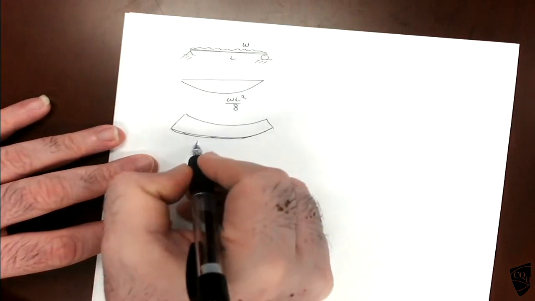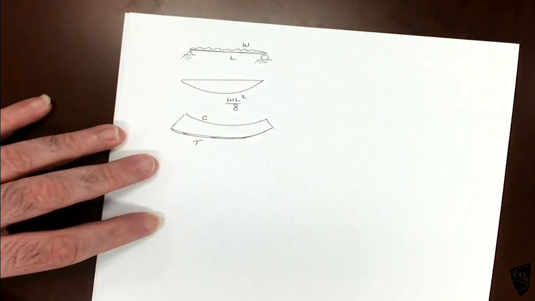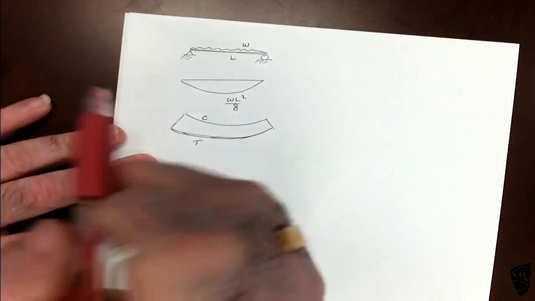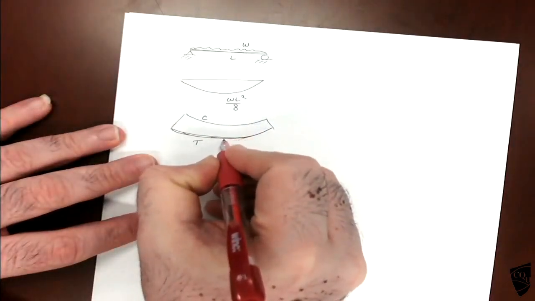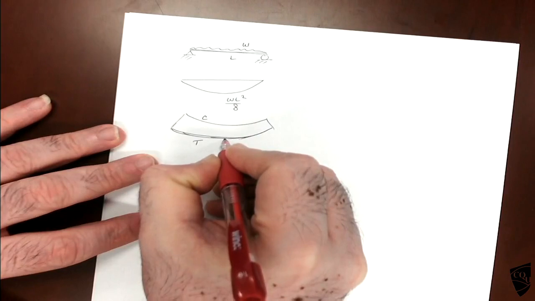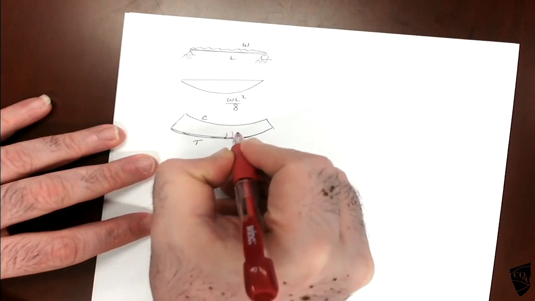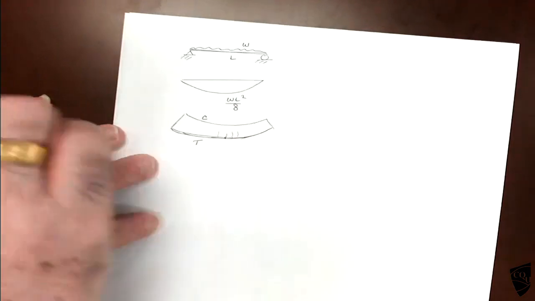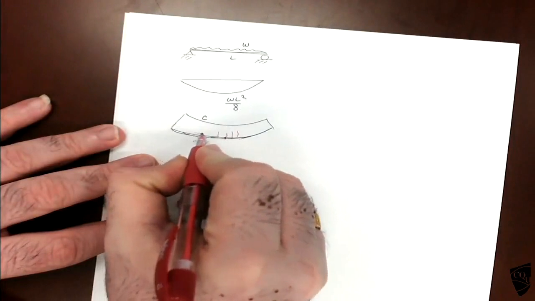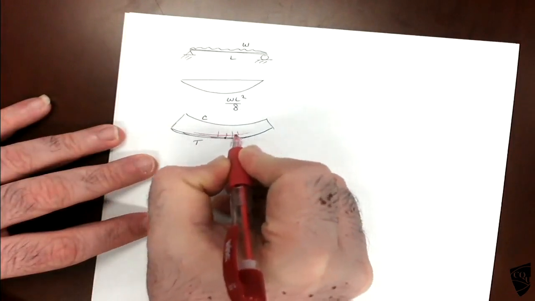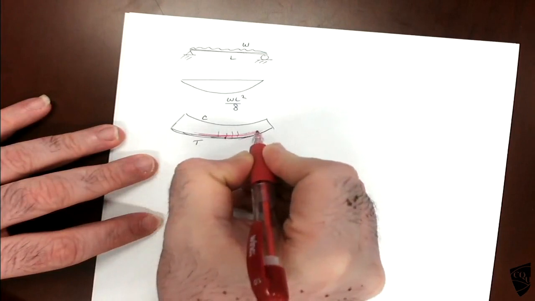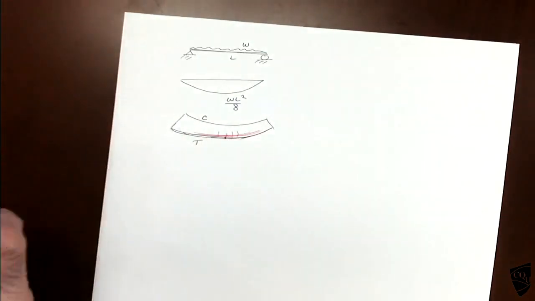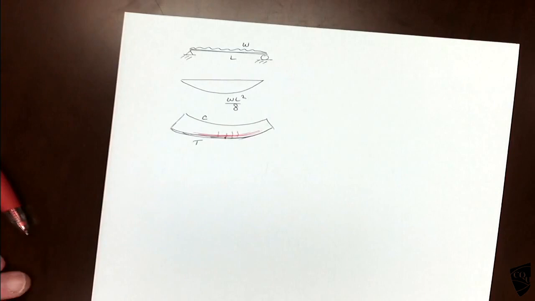The bottom part will be under tension, the top part under compression. The concrete cannot take tension, so cracks will develop. So we need to provide some reinforcement. Steel reinforcement will be provided so that it takes the tensile force, while compression will be taken by concrete.